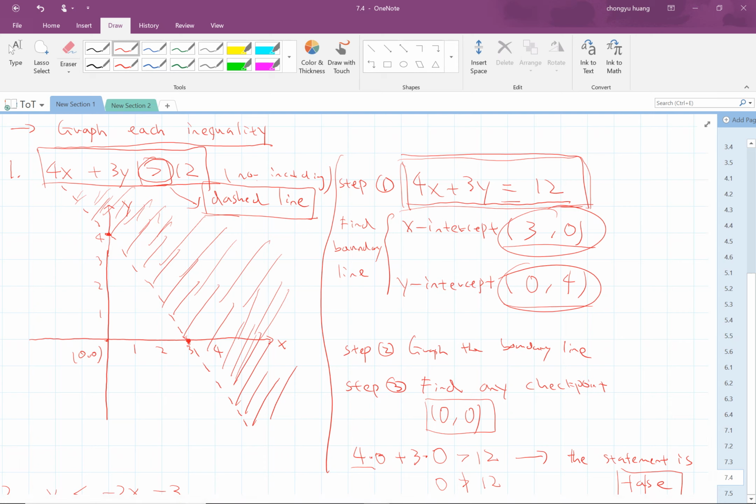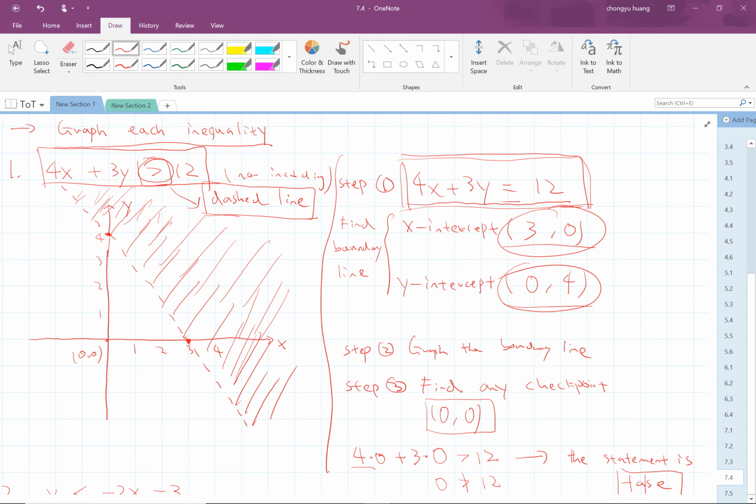So you are using the boundary line as the indicator. You shade either the right of the boundary line or the left of the boundary line. Since the statement for 0, 0 is false, you are not going to shade the left side of the boundary line, because there the statement is false.